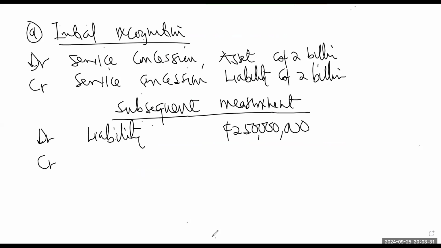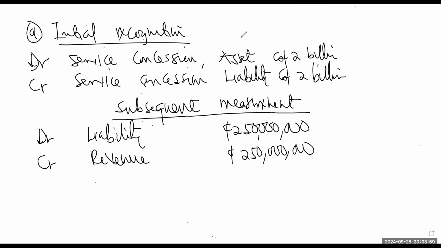Okay, so we credit revenue of the sale amount, which is 250,000. Okay, so they say we should show extract for the A.